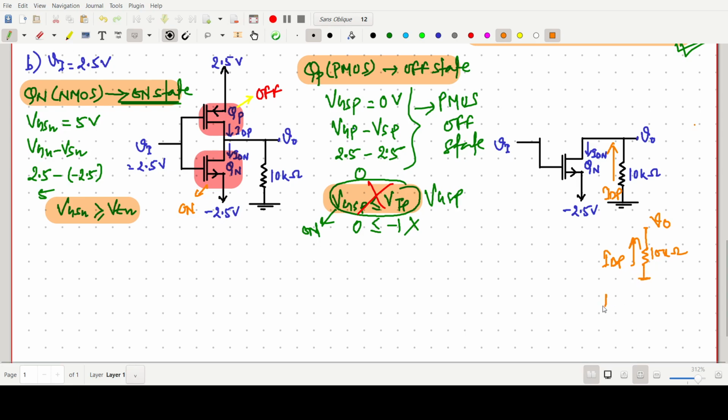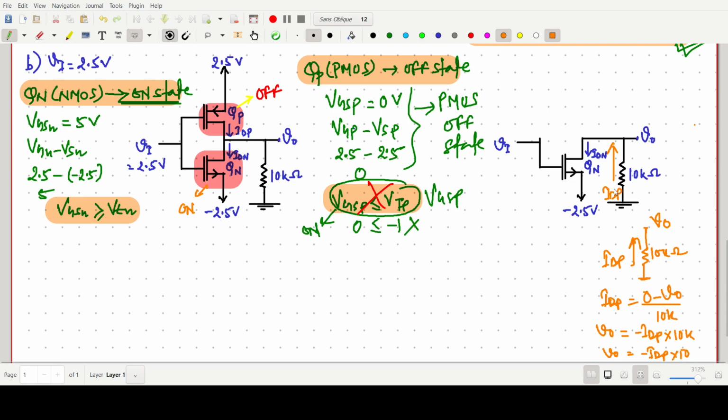IDP, better to write, is the higher potential 0 minus V naught divided by RL, or 10 kilo ohm. So V naught is simply minus IDP into 10 kilo ohm. If IDP is in milliamperes, then V naught equals minus IDP into 10.